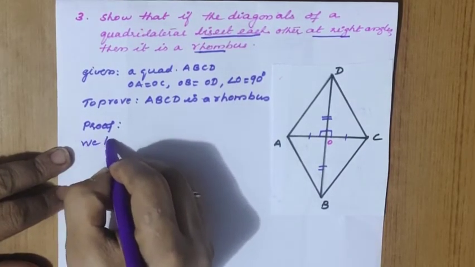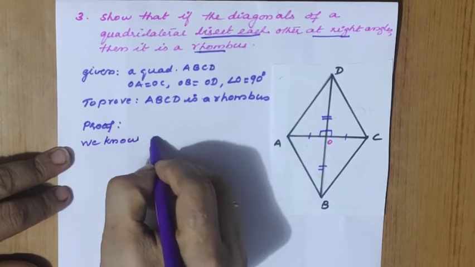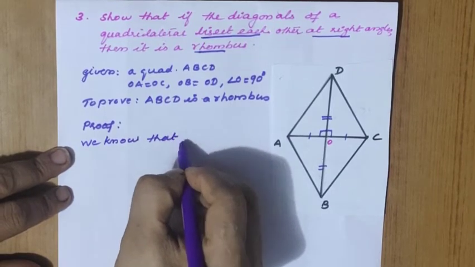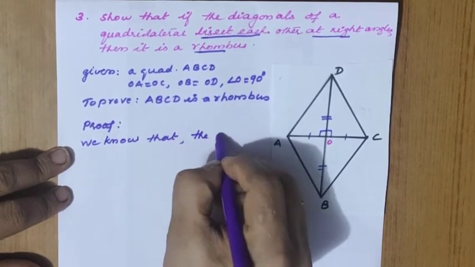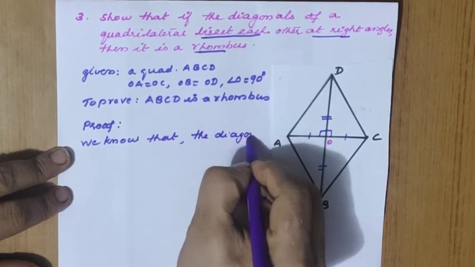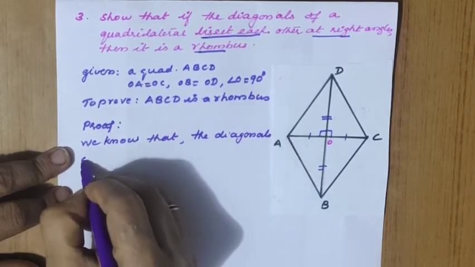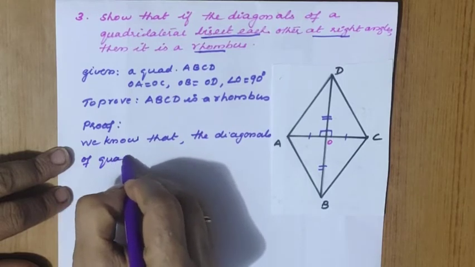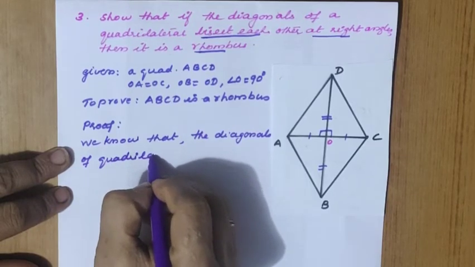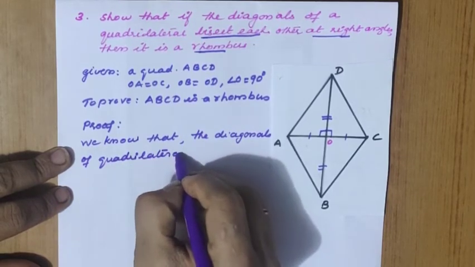So we will write the statement only. We know that the diagonals of a quadrilateral bisect each other.